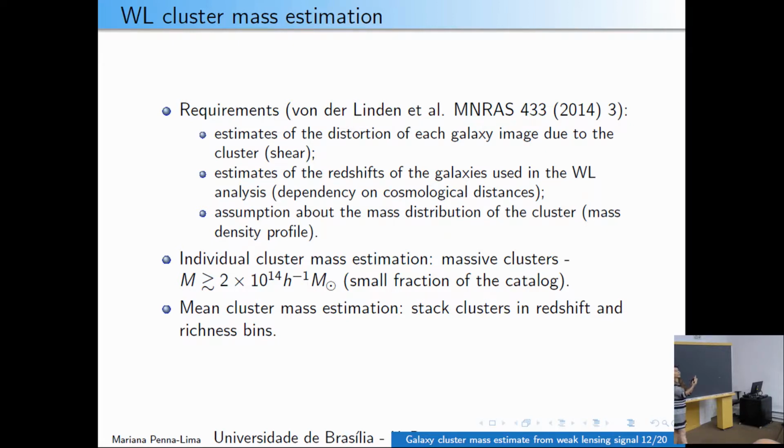You pick all those that are similar in these quantities and stack them to obtain a mean signal that is strong enough to obtain a mass estimate for a given richness and redshift bin. But here, particularly, I will focus on a method to obtain individual cluster mass estimates.